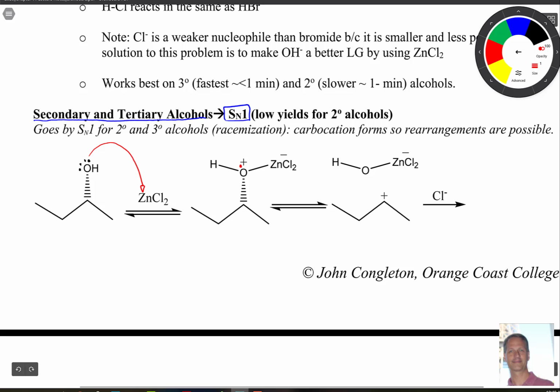So let's put on our lone pair right there, circle that charge. Then this whole zinc hydroxide chloride compound just leaves. So put a circle around that guy up here.